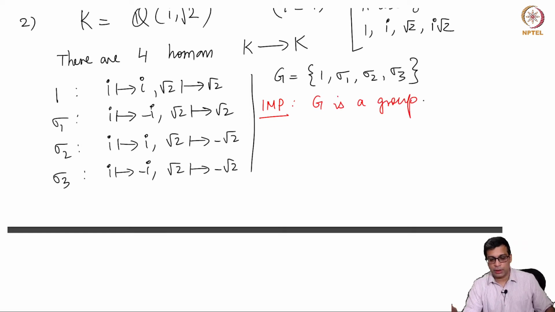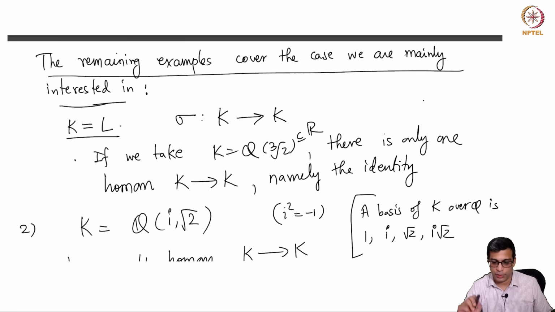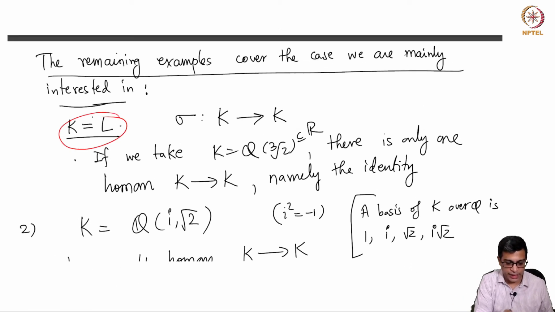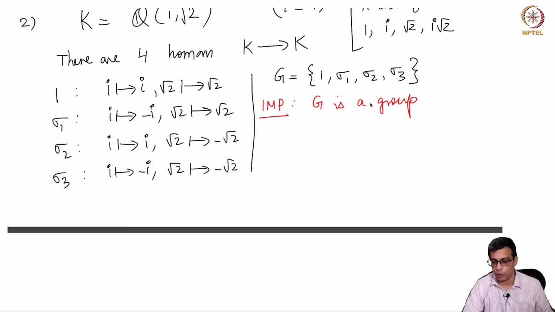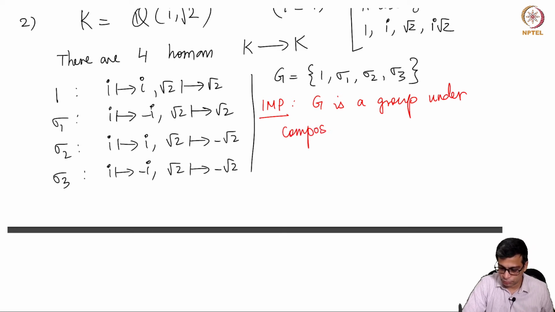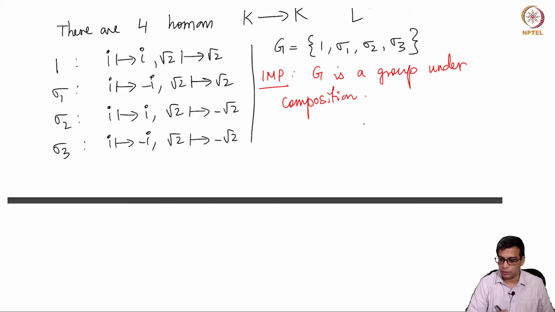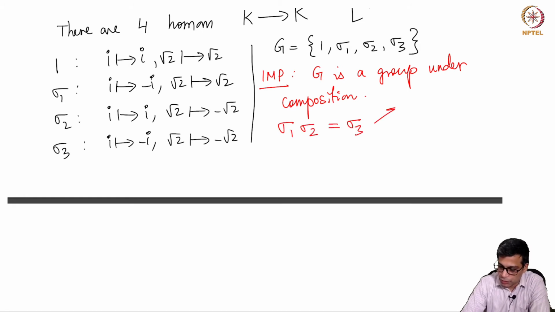In the case we are mainly interested in, the case K equal to L, the homomorphisms form a group under composition. Here 1 is the identity element, and the point is sigma 1 sigma 2 is equal to sigma 3. This is something you should check.